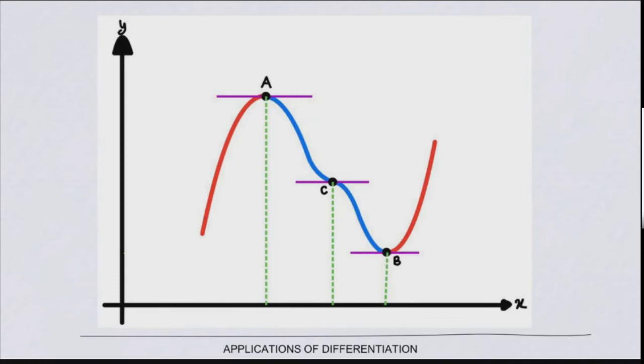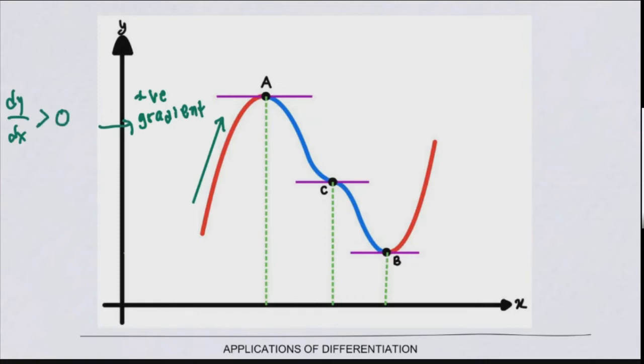Based on the diagram, the red refers to an increasing function graph, which means it has a positive gradient, so dy/dx is greater than 0.